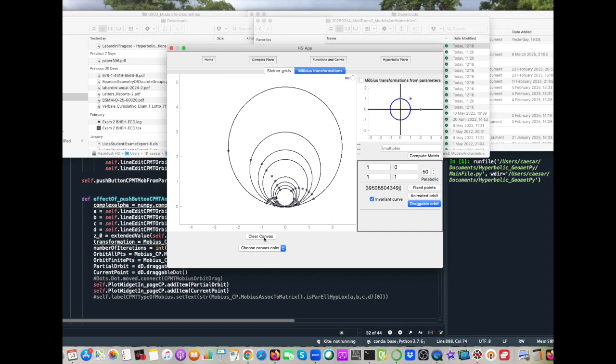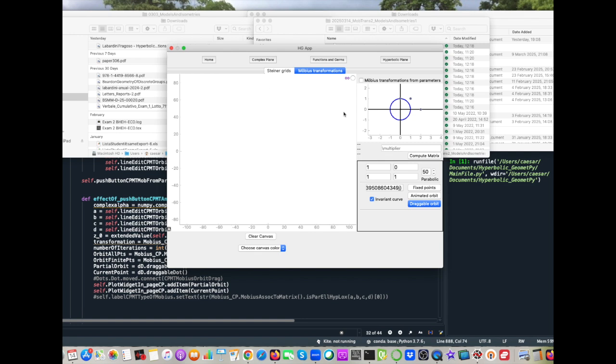So let me clear this. And now let me see. So for instance, what I have depicted here is the unit circle for elliptics in the positive ray.